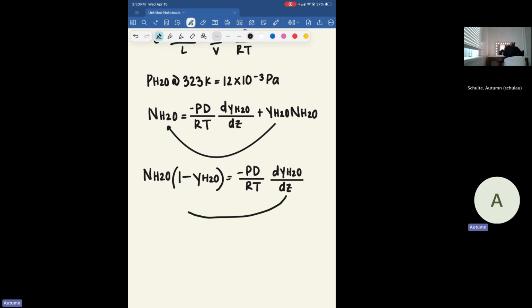Now we can move our dz term over here and our 1 minus our mole fraction over here.